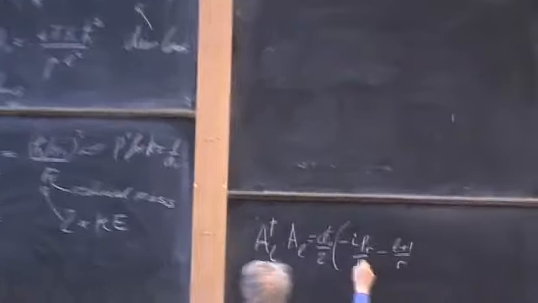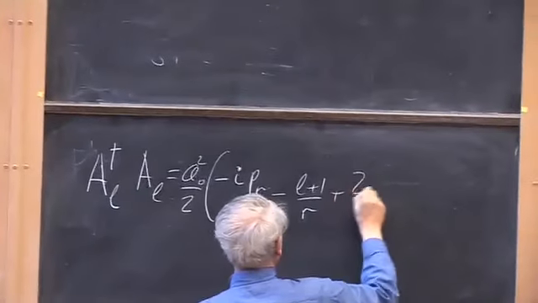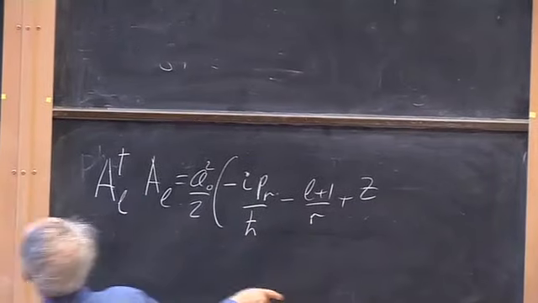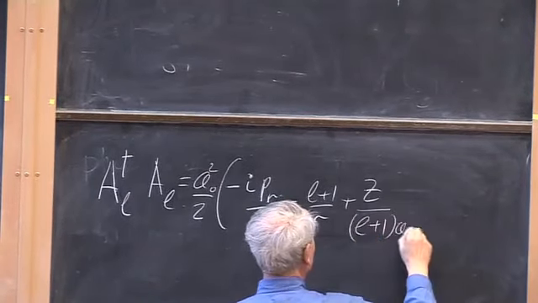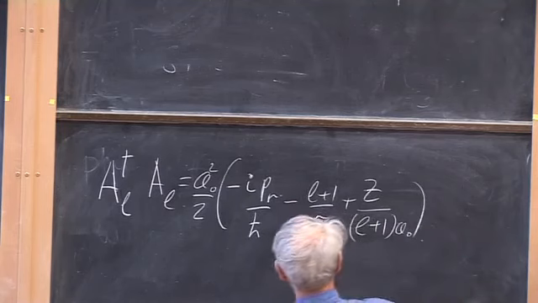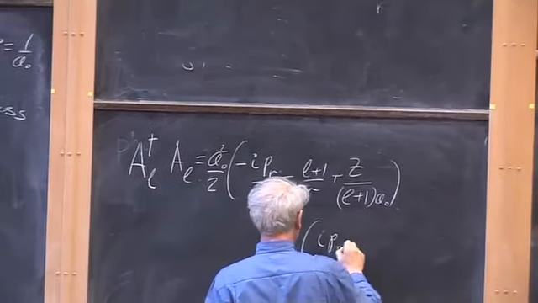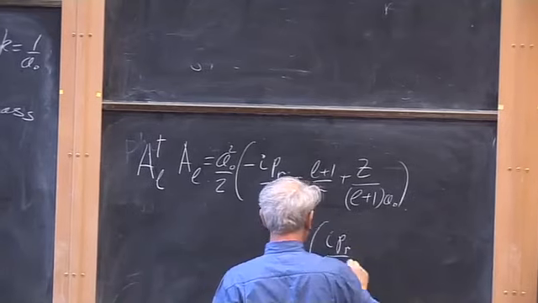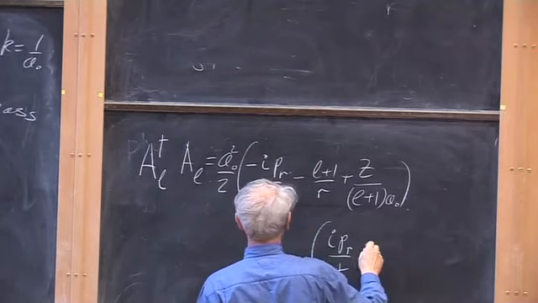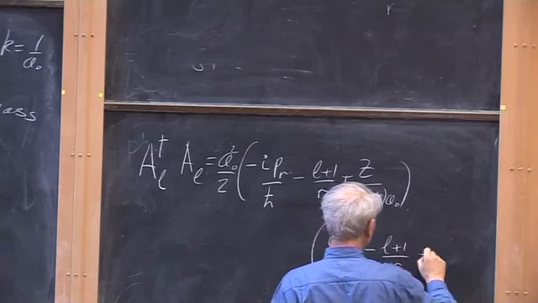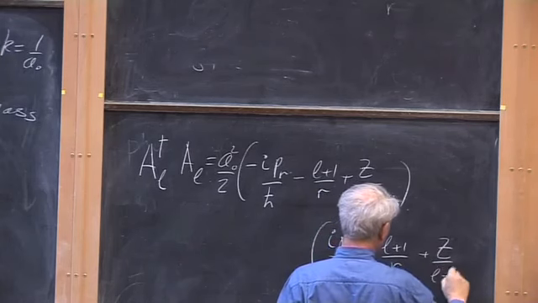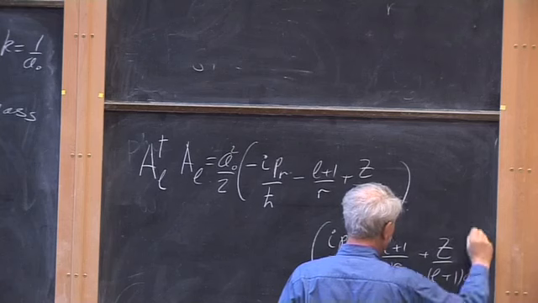Well, it's just boring numbers, plus Z. Well, actually, this is an operator, strictly speaking, but we're in the position representation, so it looks like a number. And that has to be multiplied onto i P_r over h bar. So no minus sign, because this is A_l I'm writing down now, minus (l plus 1) over r plus Z over (l plus 1) a0.